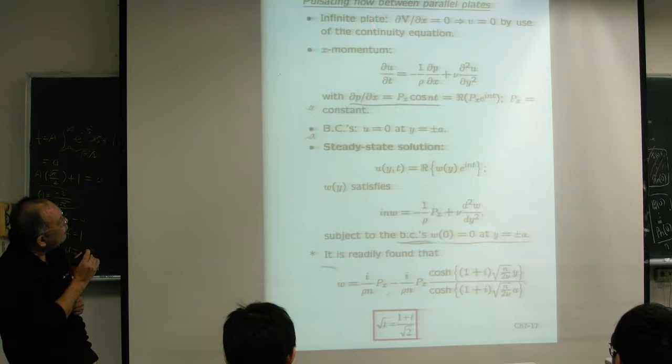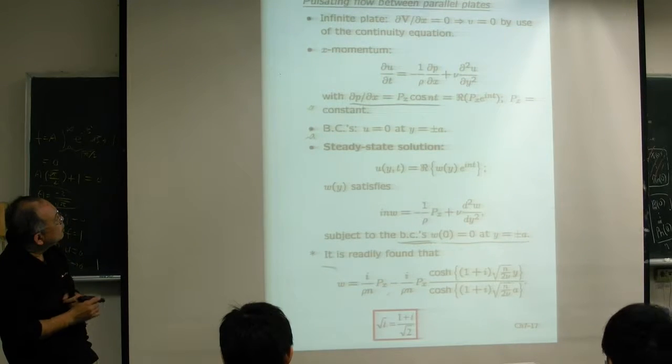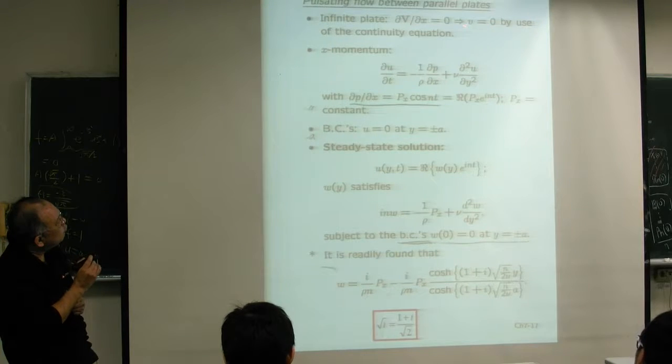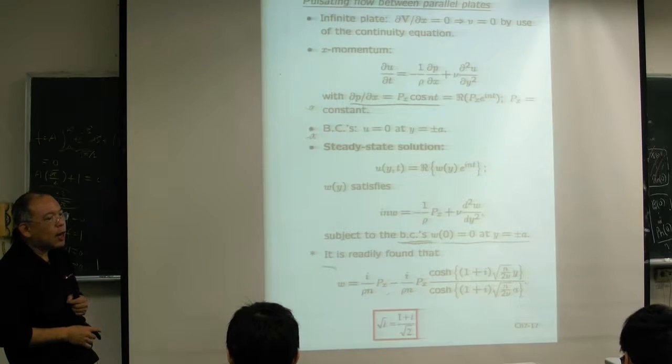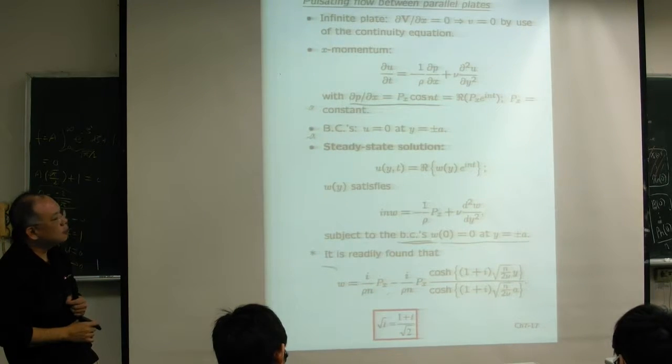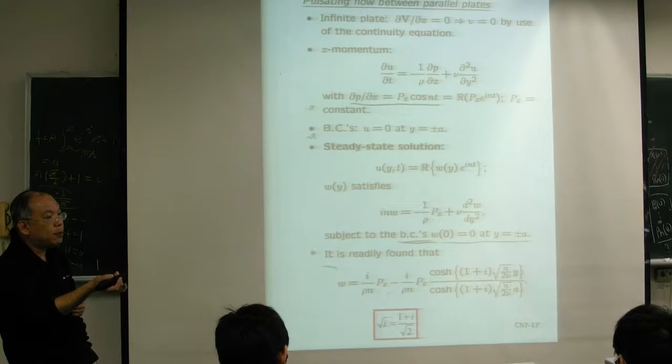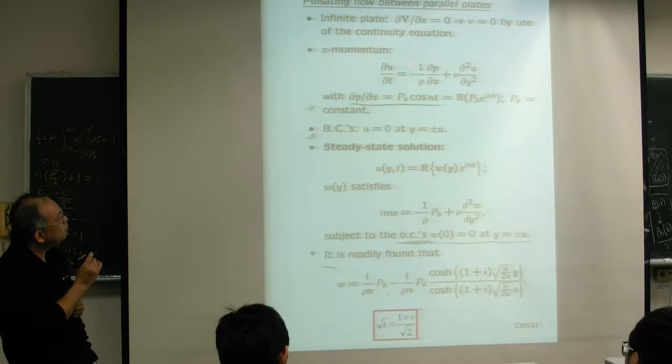That means at any x location, all the velocity profiles should be the same. So we don't have any vertical velocity component; we only have a u component. And our governing equation for this case is different from the Stokes problem. The Stokes problem doesn't have a pressure change, but for this physical problem, the driving force is our pressure.